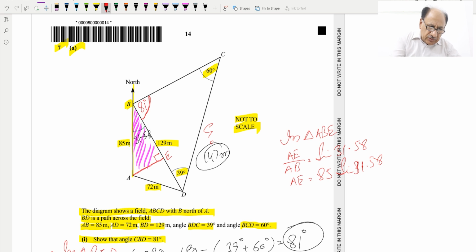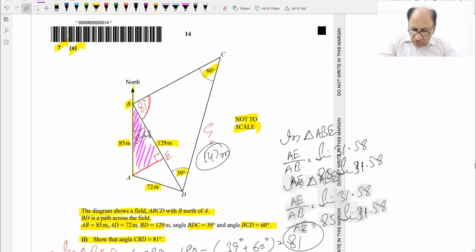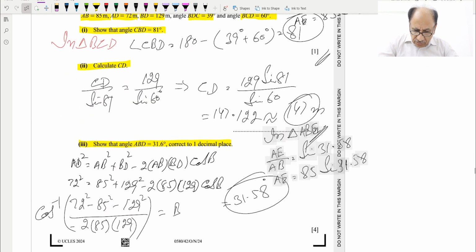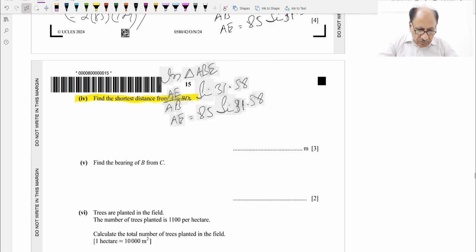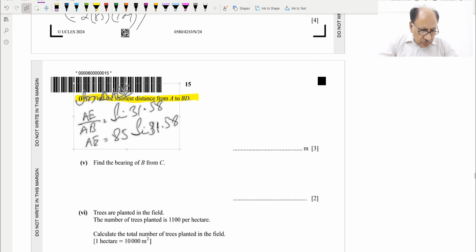This is the thing which we need to calculate, and we can move this to the proper location for our answer over here.